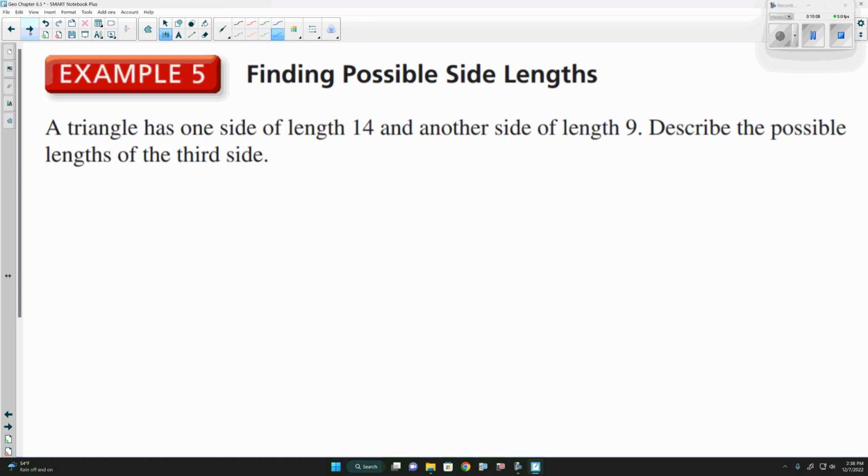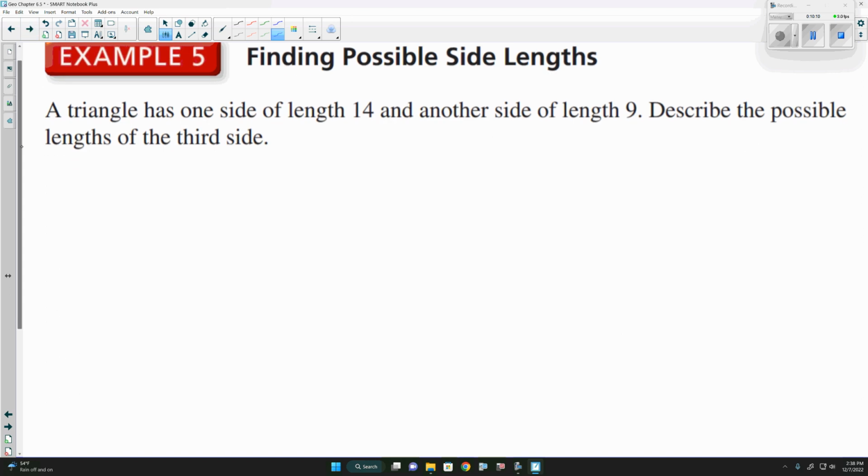Now we can use this to figure out what the third side of this triangle could be. So we're told that two of the side lengths are 14 and 9, and we don't know what the third side is. So we can call it x. Now we said the sum of any two sides is always bigger than the third, yes?